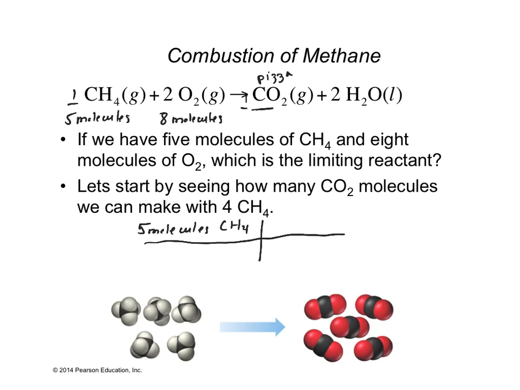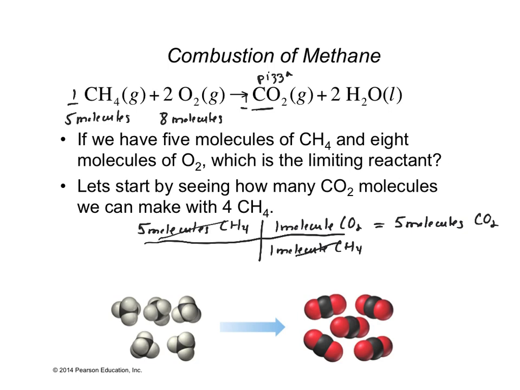So for every 1 molecule of CH4, I make 1 molecule of CO2, okay? So again, using dimensional analysis, we cancel out our molecules of CH4, and that tells us that we would make 5 molecules of CO2, given our initial amount of methane, which was 5 molecules, okay? So in theory, given 5 molecules of methane, we can make 5 molecules of CO2.